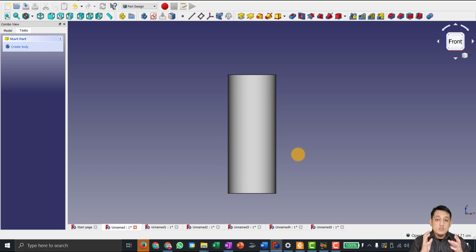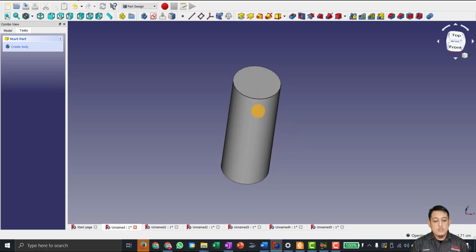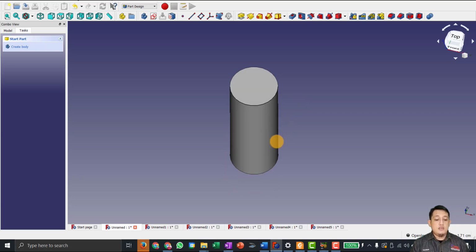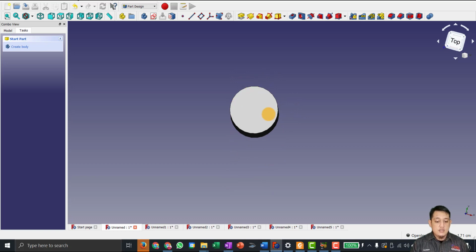So when we want to determine the centroid of this cylinder, we must combine both this circle and this rectangle. As I mentioned earlier, we must refer to the dominant shape first. So the dominant shape is this circle.